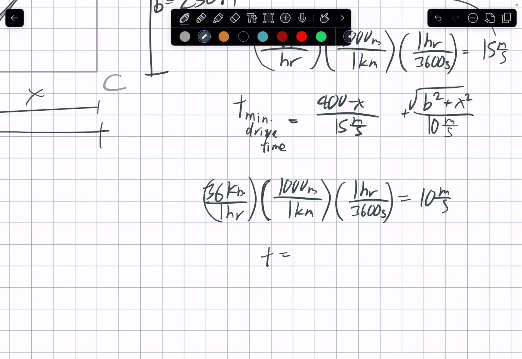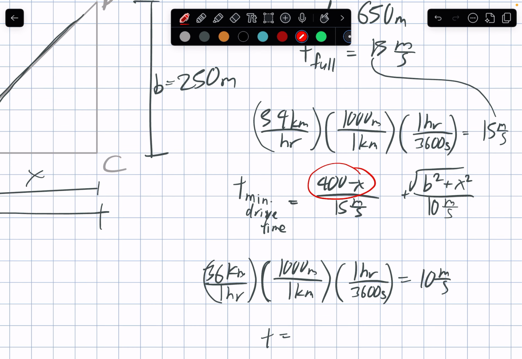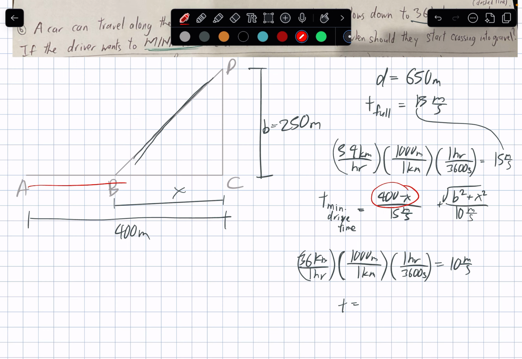So this is the drive time on road AB, from here to here. And this is the speed in meters per second on the road. This is the speed on gravel in meters per second, and this is the travel time from B to D. Since c squared is equal to b squared plus x squared, based on the Pythagorean theorem, it's this.